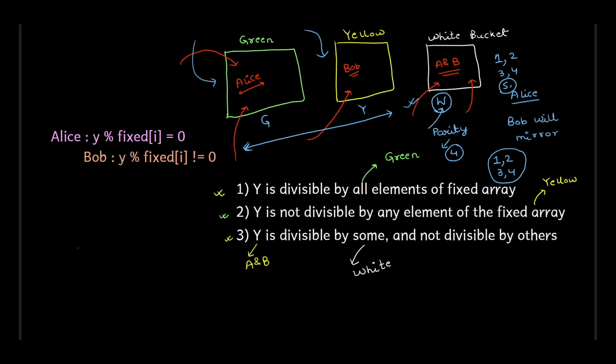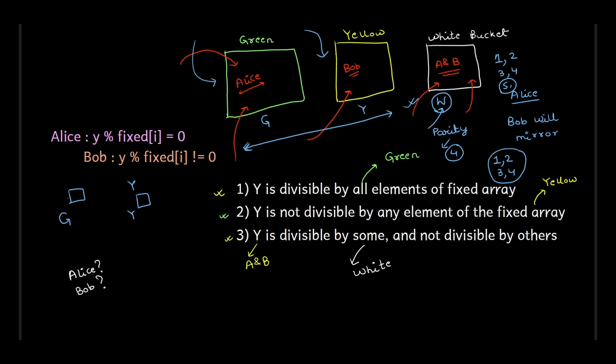So the only question is, if you are playing a game where you have G elements in your green bucket and you have Y elements in your yellow bucket, and if Alice starts the game, who wins? And if Bob starts the game, who wins? So you can already see that here the strategy is simple.